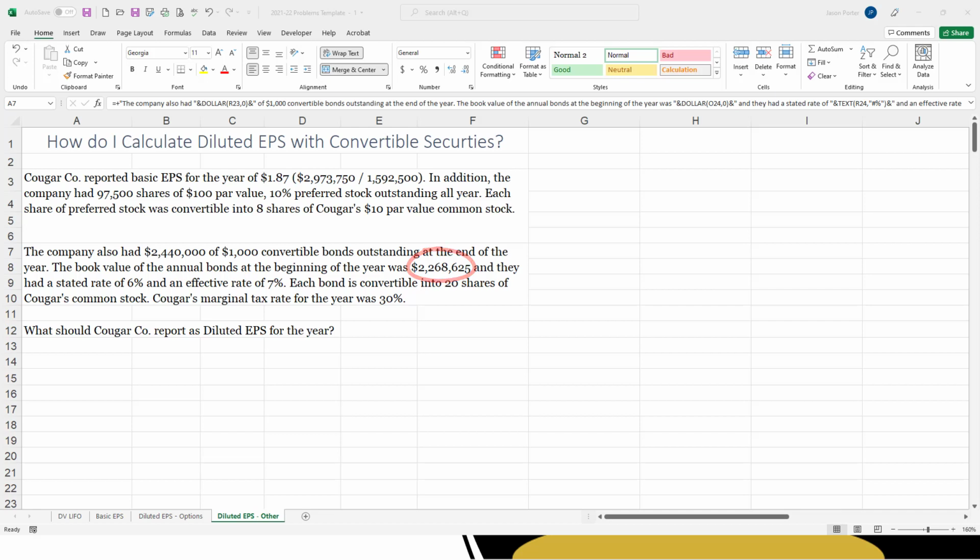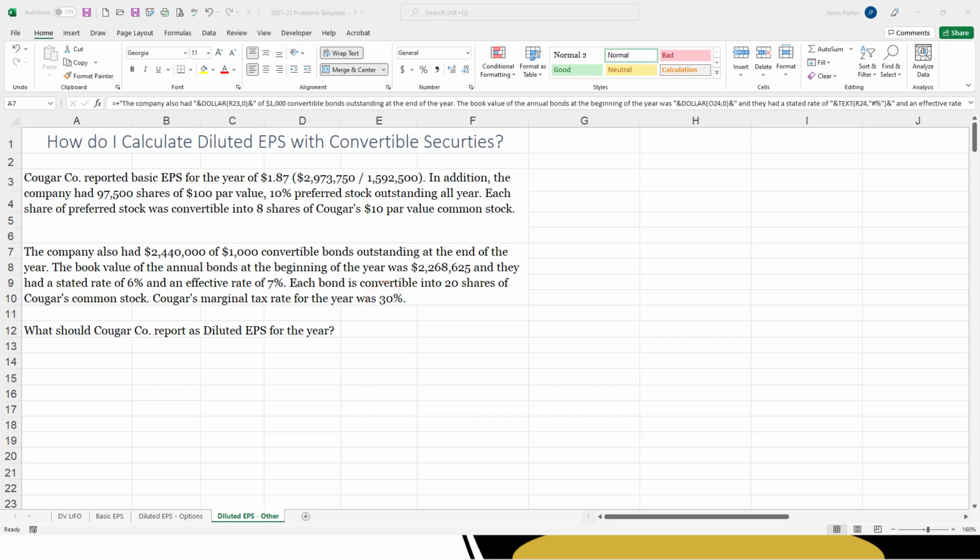So these bonds had originally been issued at a discount, and we have to amortize that discount away each period until they get to that final payment and pay $2,440,000. The bonds have a stated rate of 6%, an effective rate of 7%, that's why we have that discount, and each $1,000 bond can be converted into 20 shares of the common stock. Marginal tax rate for the year is 30%.